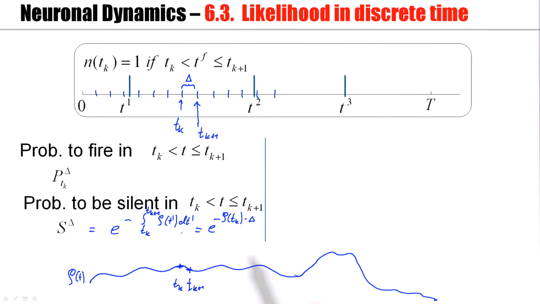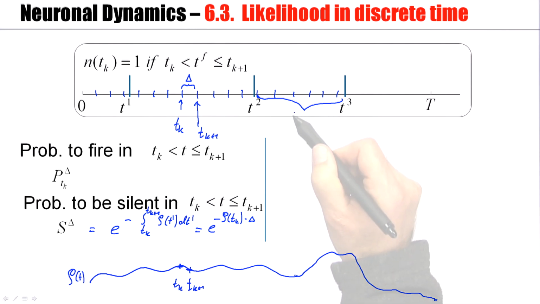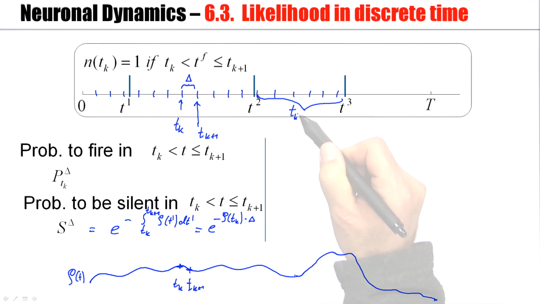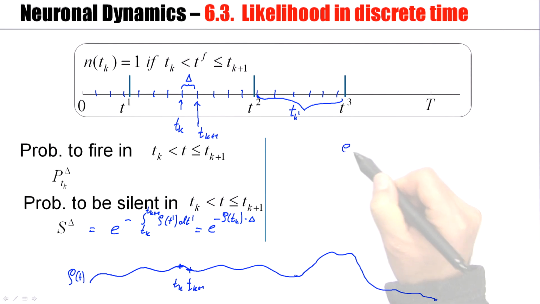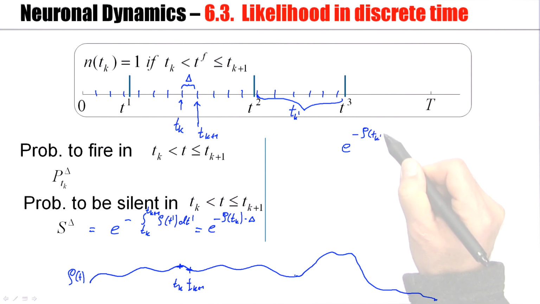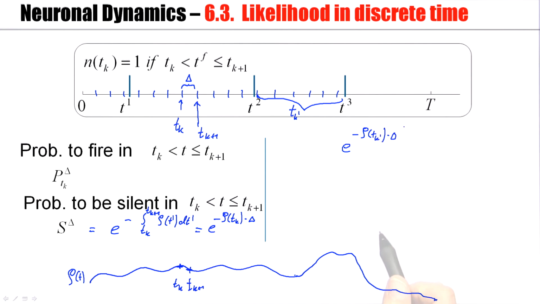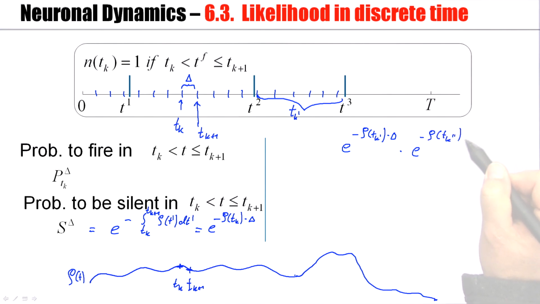So, the probability to stay silent in these different time steps, time moments k prime, would be: you need to stay silent in one time step, say rho of tk prime times delta, and then you have to stay silent again in the next time step, tk double prime times delta.